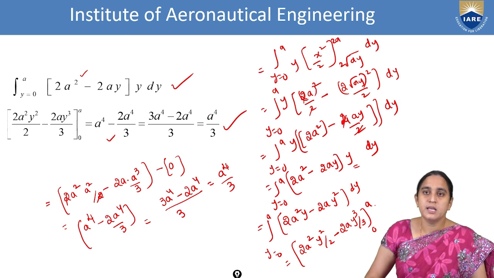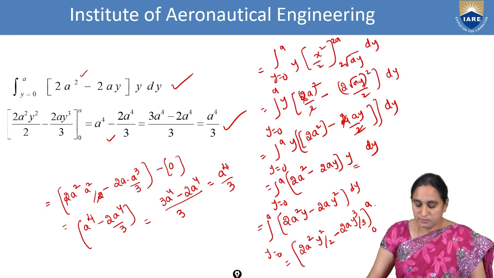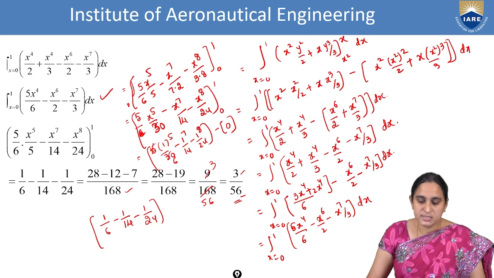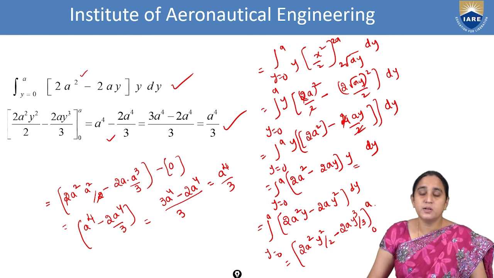The answer is a⁴/3. This is the concept for the double integral. For the first question, I fixed the x limits and y varies from x² to x. For the second question, I fixed the y limit points and x varies with y limits. That's the concept of the two questions.